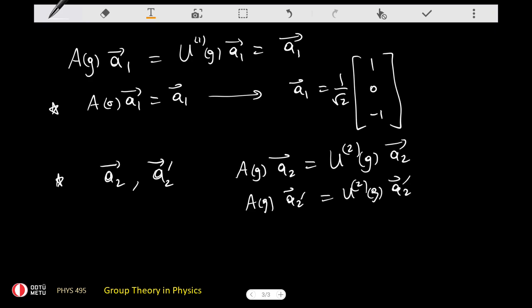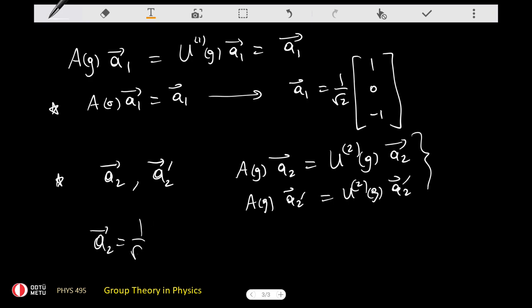What I need to do is basically say that both of these have to be perpendicular to A1 because this is a unitary representation. So therefore, I can choose A2 to be a vector which is perpendicular to that mode. What can that be?